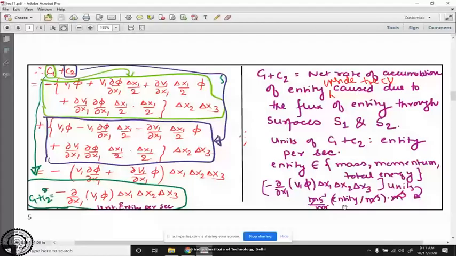So I expected it to be entity per second based on the words that I put here, and the mathematical expression that we are getting also has the same units as it must. So it is a check to ensure that the mathematical expression is at least dimensionally consistent with what we were looking for.